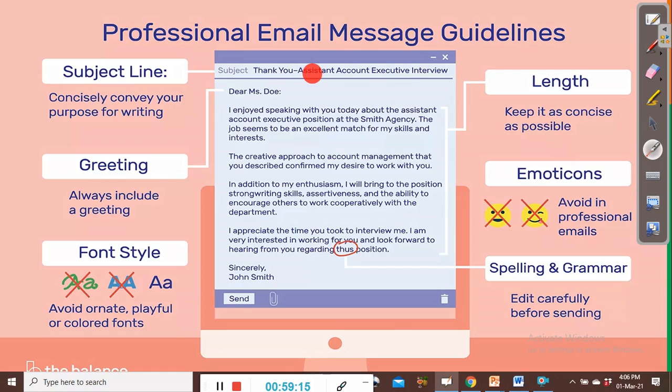As we say, the subject line is the description of your topic, is your headline, is the subject, is the major thing that the email is about. And the bottom line here is that you have to concisely convey your purpose of writing. That's what you need to use the subject line to do, to concisely convey your purpose for writing.